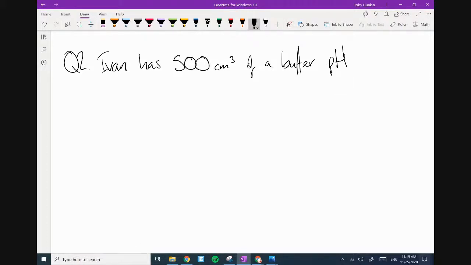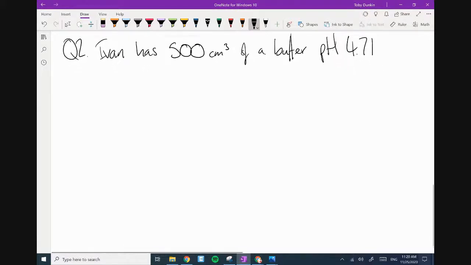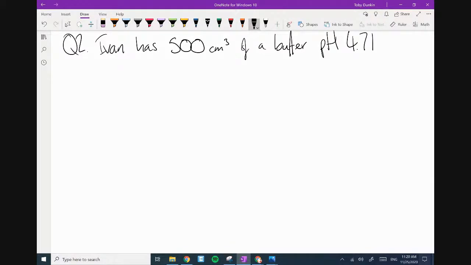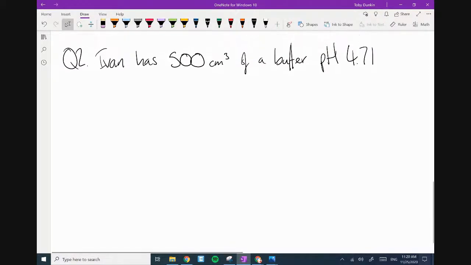pH. I'm going to really stuff this up. 4.71. pH 4.71. Buffer contains, I'm taking a punt here, I really shouldn't do it.